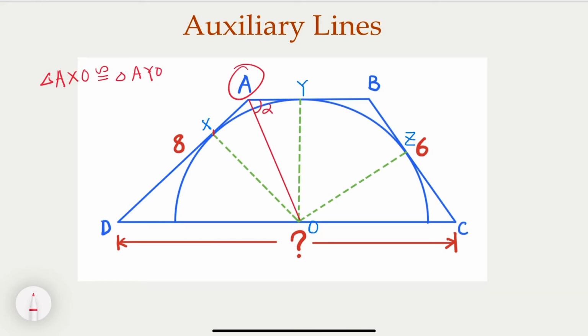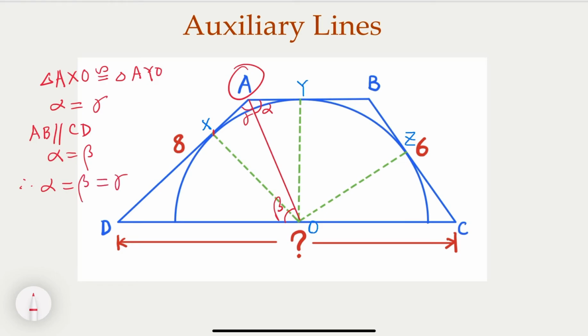Let's say this is gamma. Alpha would equal gamma. However, we notice that AB in the trapezoid is parallel to CD. So according to the basic theorem, alpha is equal to this angle here. This is beta. So alpha would equal beta. From the above, you will know that alpha equals beta equals gamma.